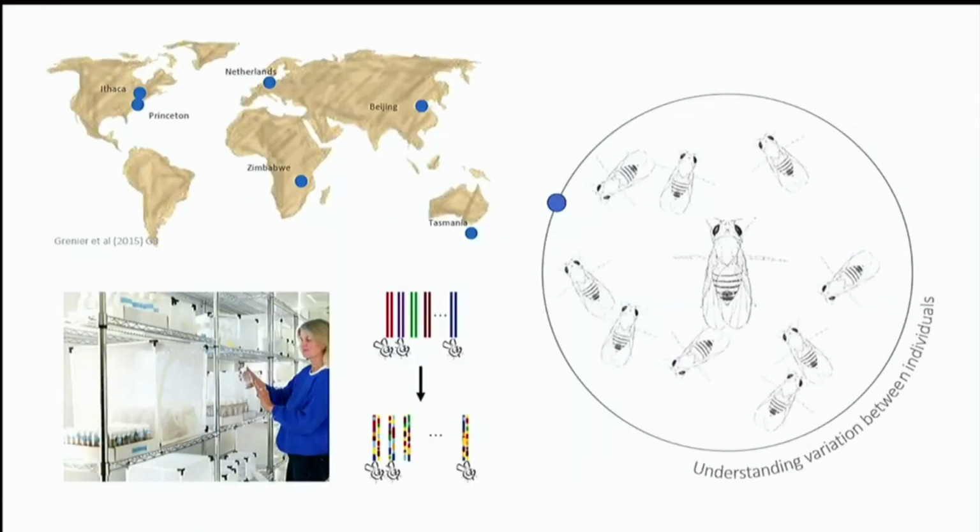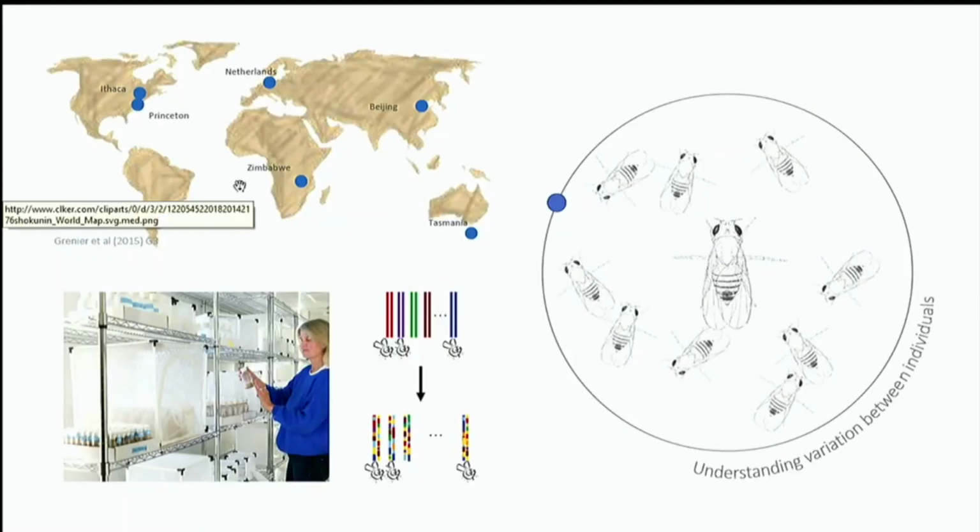So how do we do this? As Christian said, I moved from mice to flies, so I can actually get good sample sizes to do statistical genomics, which is what we do. To have a good representation of genetic and phenotypic variation, we work with populations that have been collected all over the world.